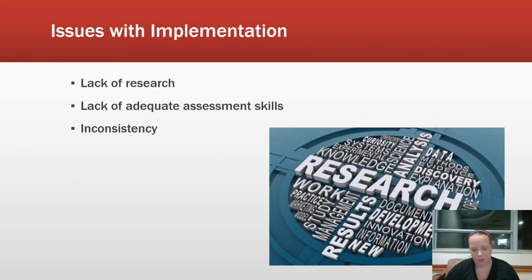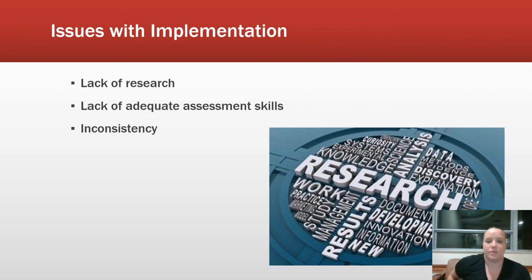So the main issues that we have with implementing and like treatments for delirium are lack of research. We still have a lot of things that we need to do to understand delirium. We don't understand necessarily all the things that cause it, or the medications and things that we need to be able to treat it effectively, as well as if there's more measures that need to be done that can prevent it, how we can basically protect our patients from getting delirium.